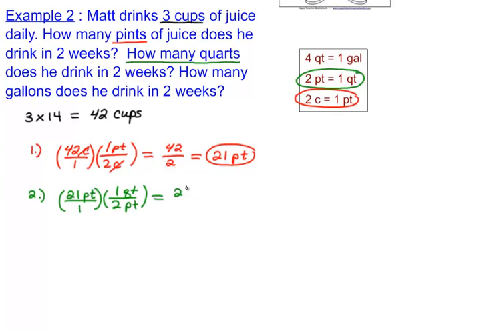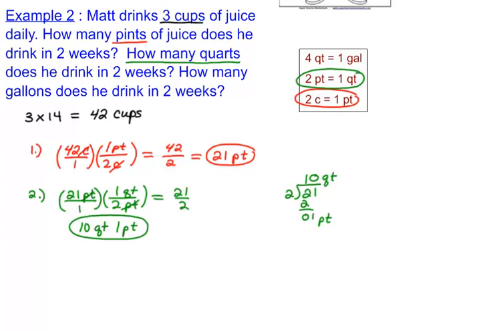So that becomes 21 over 2. The pints cancel. This is a division problem, so we get 21 divided by 2, and so we have 1 left over, because 2 doesn't go into 1. So what we could say is, this means that I've got 10 quarts up here, I have 1 pint left over. So we have 10 quarts, 1 pint left over.